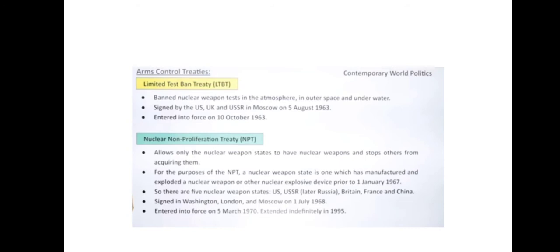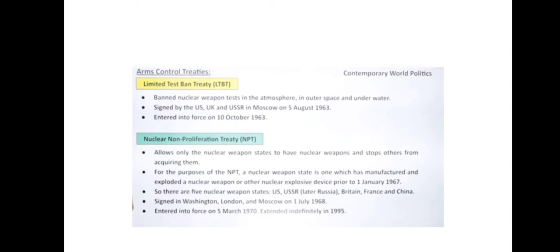At that time, only 5 states of the world were nuclear states, which were the US, USSR, UK, France and China. So this treaty's objective was that no state, except those 5 nuclear states which had manufactured their nuclear arms, can manufacture their own nuclear weapons.